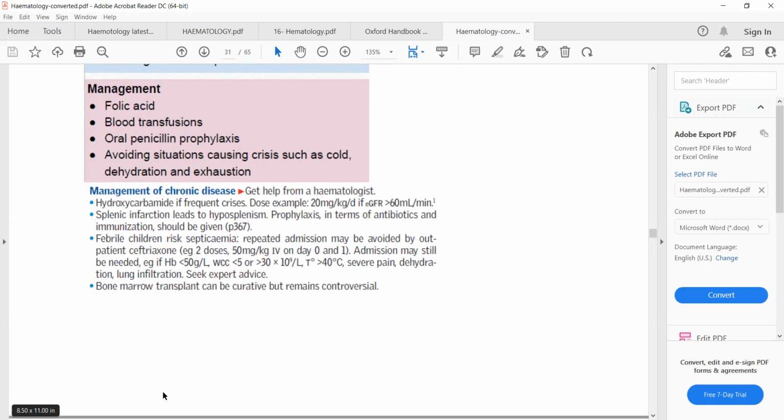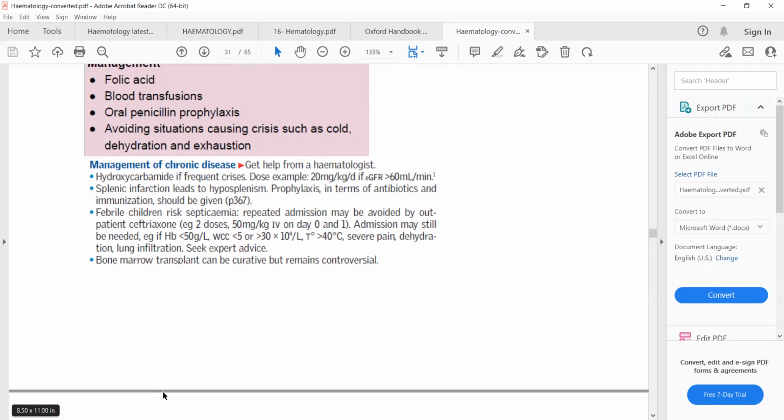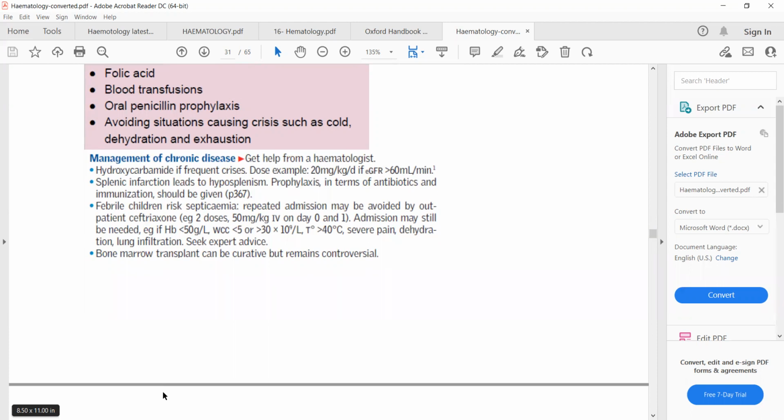Splenic infarction can lead to hyposplenism, so we need to give antibiotic prophylaxis in the form of oral penicillin to avoid infection. And immunization or vaccination can also be done.